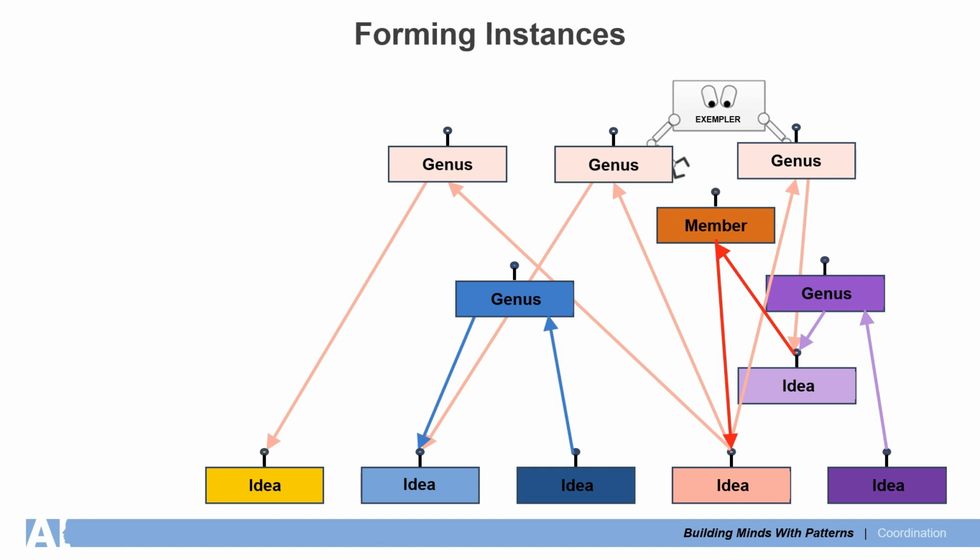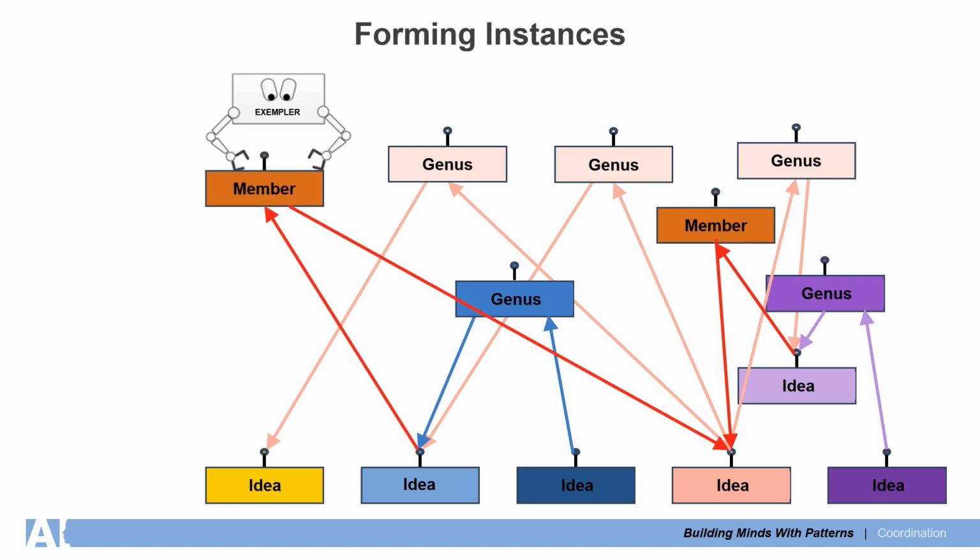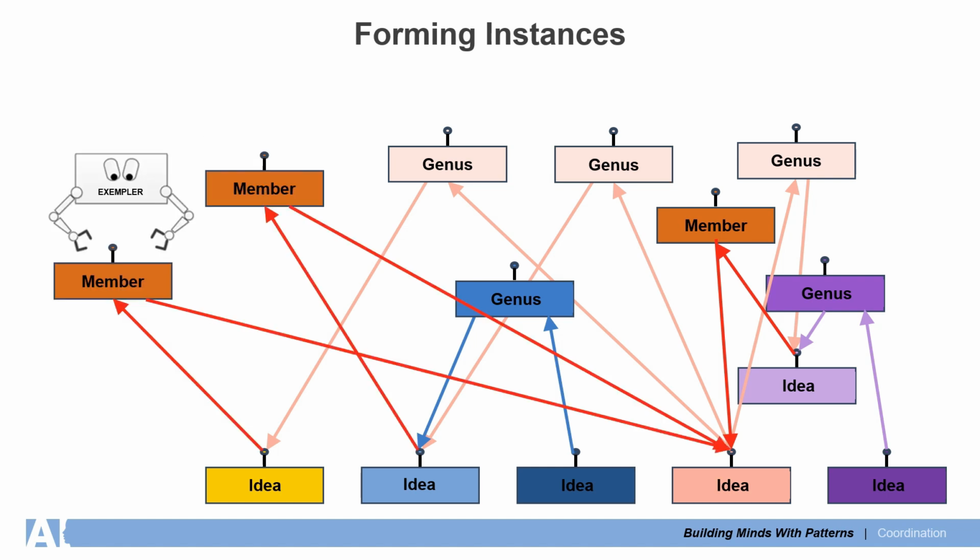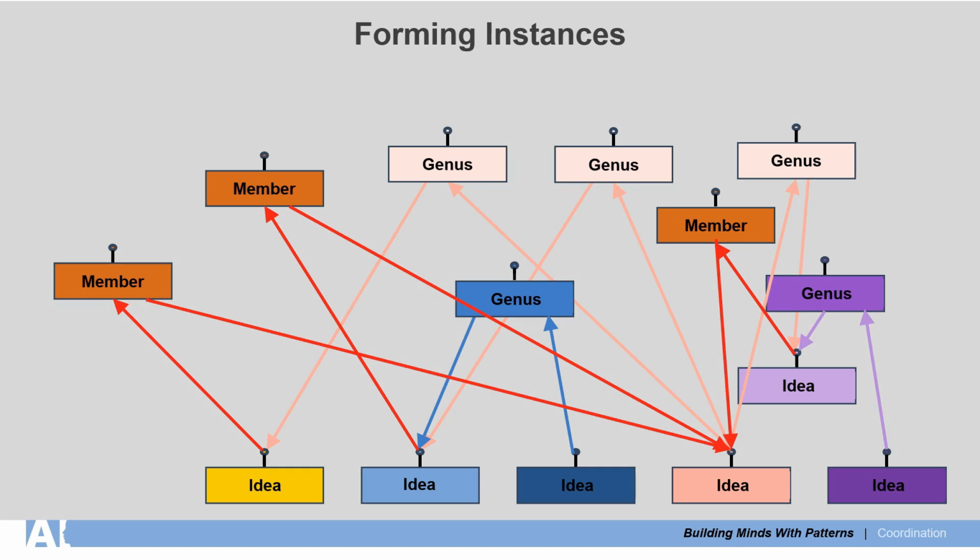The exemplar creates membership relations between ideas. And the members are instances of the taxonomic relationship.